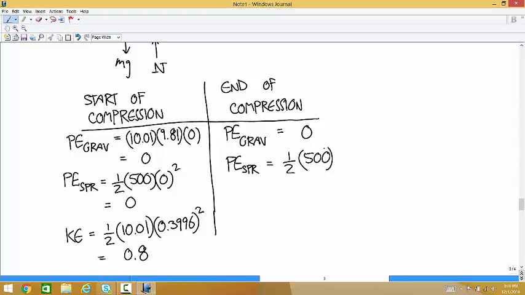That's what you were suggesting before, so I'm just going to leave this as x squared, and we're going to calculate that x. And when it's all the way compressed as far as it can go before it starts to go back in the other direction, what's its speed? 0. Yep, exactly. So the kinetic energy is 1/2 times 10.01 times 0 squared.